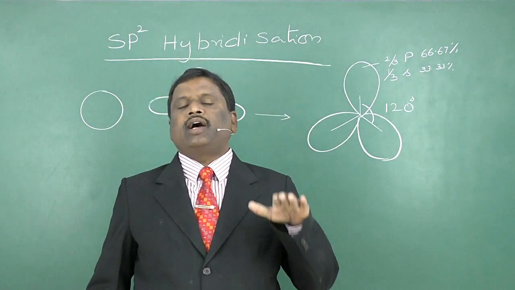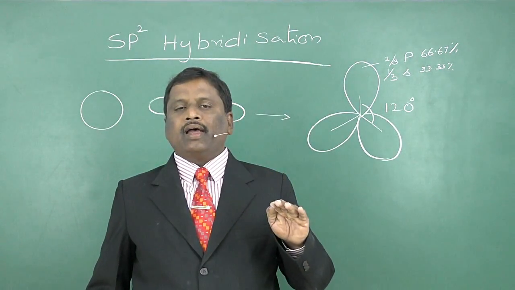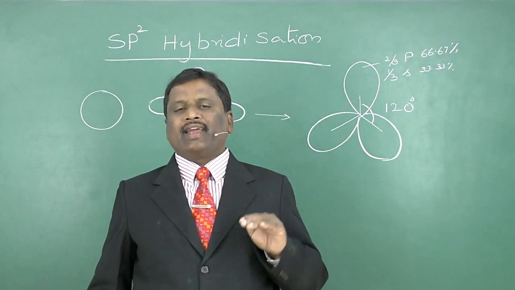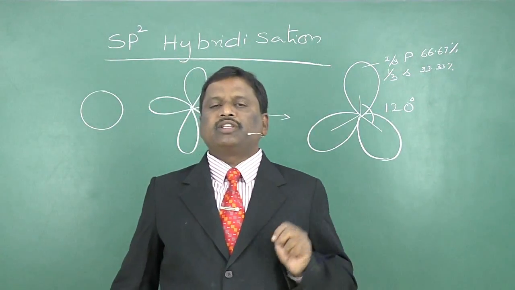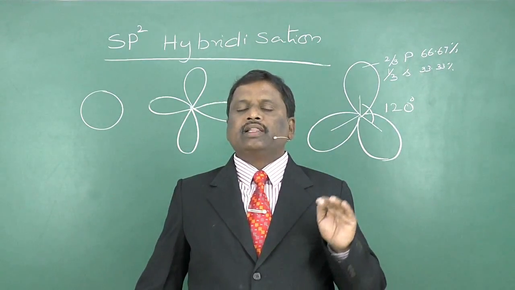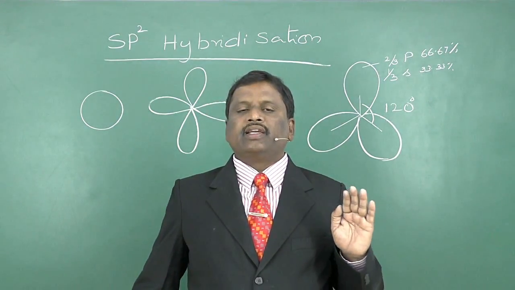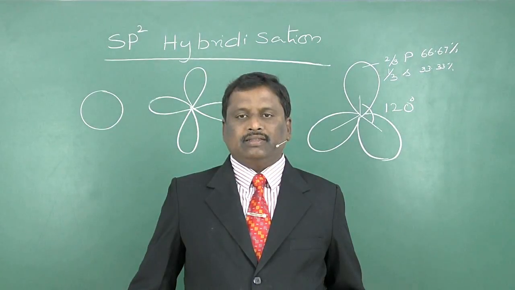This Sp2 hybrid orbital will have 2/3 p orbital character, that is 66.67% p orbital character, and 1/3, 33.33% s orbital character.